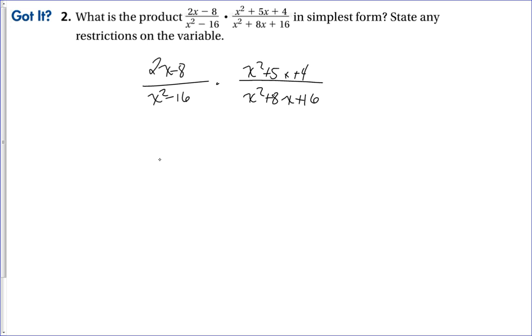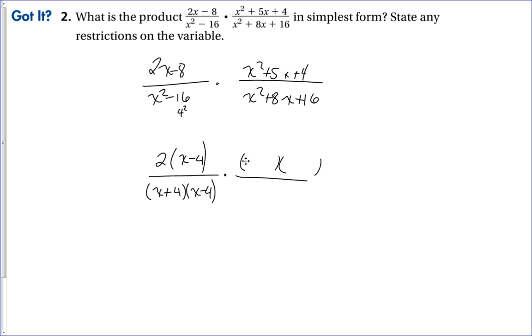Well, here we can factor out a 2 and get x minus 4. All right, this is the difference of two squares because this is 4 squared, so this is a squared minus b squared. So it's a plus b and a minus b, times, now let's factor this one.